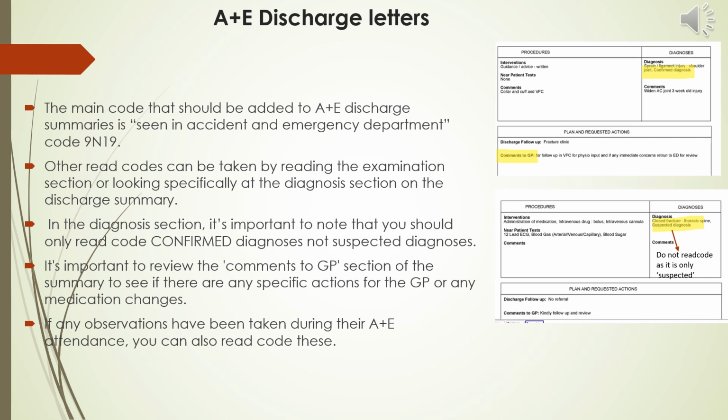It's also important to review the comments to GP section in the summary to see if there are any specific actions for the GP to take or any changes to their medication. As with the previous letter, if any observations have been taken during A&E, these should also be read-coded as well.